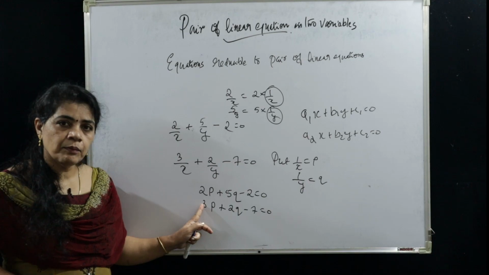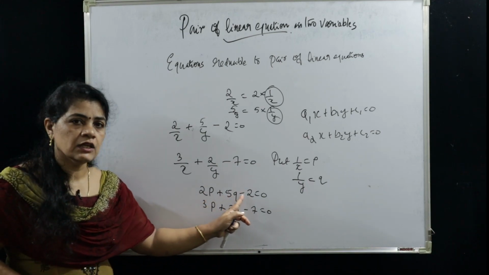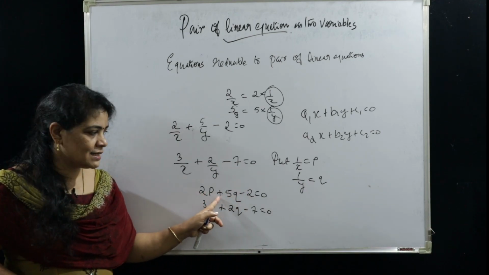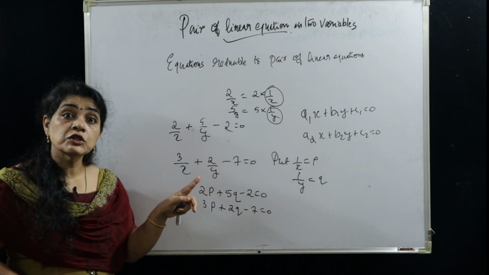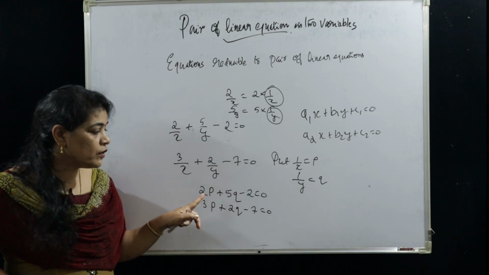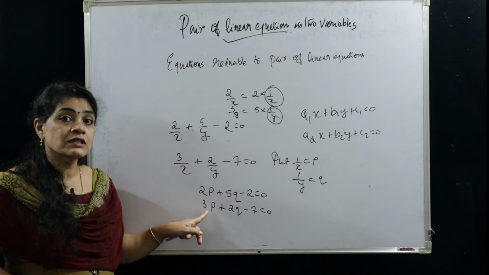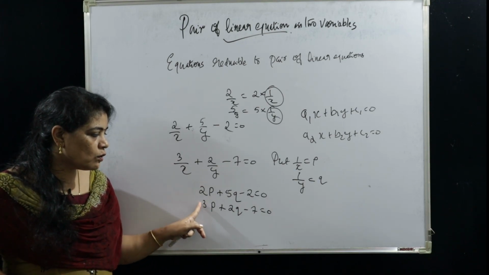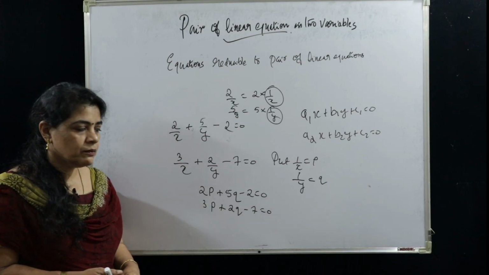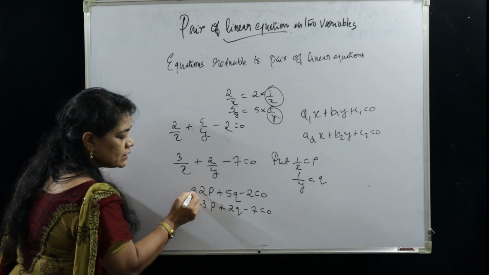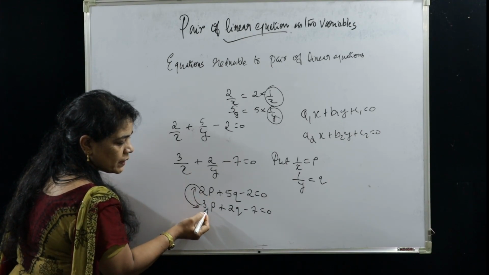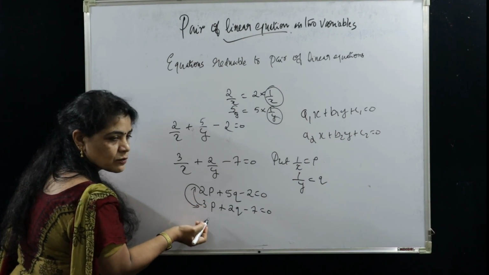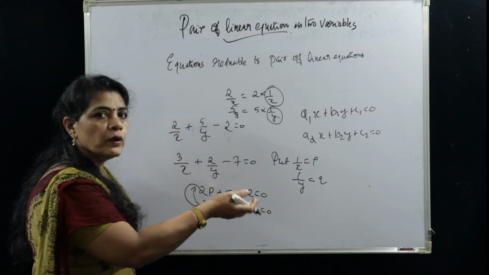You can multiply equation 1 with 3, so 2 into 3 is 6p, 15q and minus 6 equal to 0. To make the coefficient of p in the second equation 6, you multiply the second equation with 2. So you get 6p in both. You don't bother about the q and the constant.